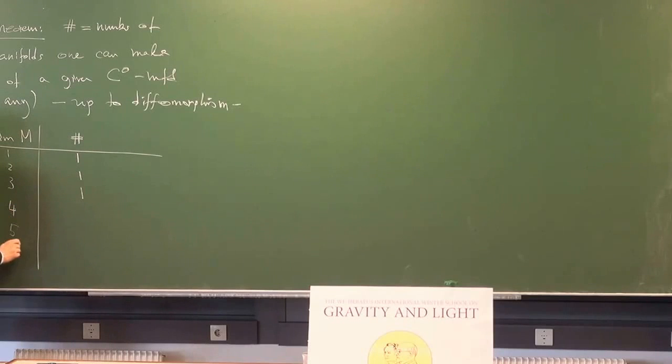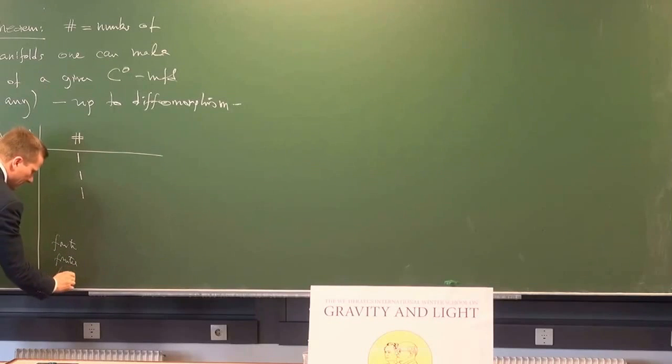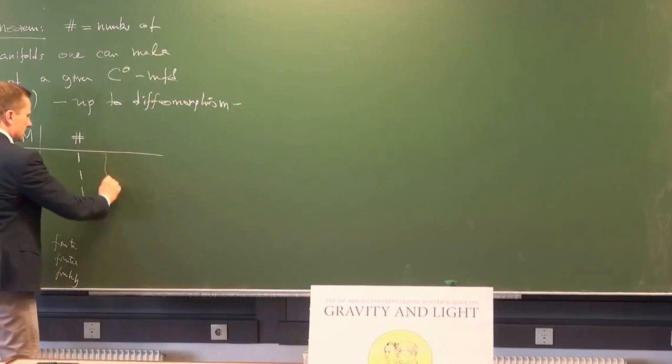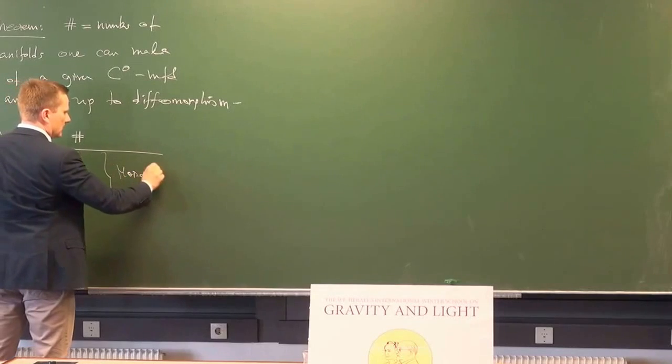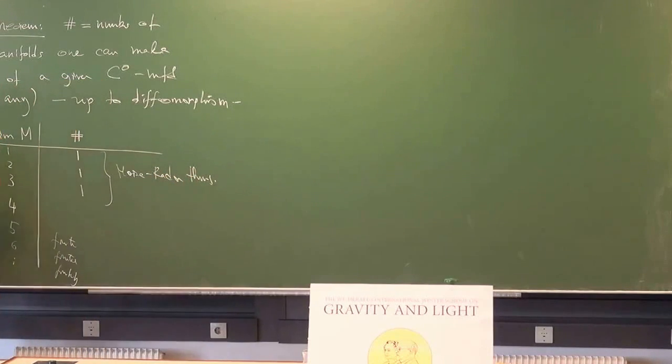I said in the beginning 5, 6, 7. Here 5 finitely many, 6 finitely many, 7 finitely many. So this is the Moyes-Radon theorems. The point is this is not easy to prove, okay?